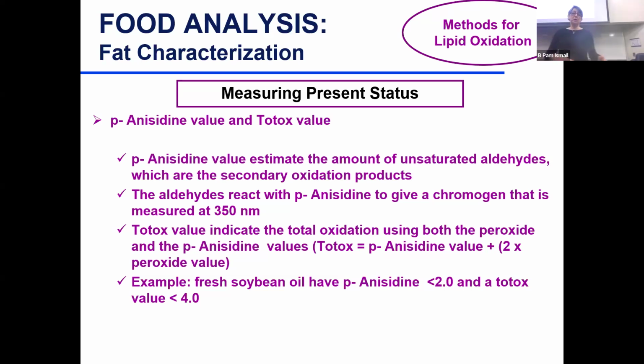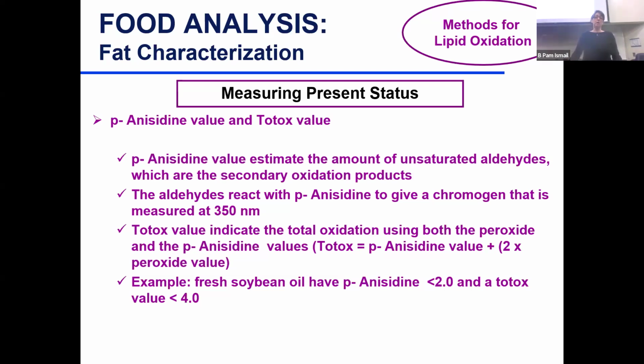And then you measure peroxide value, and the Totox will be a combination of multiplying the peroxide value by 2, plus the anisidine value. Usually there are charts that tell you for every type of oil what the value would be for fresh oil. Okay, so it is a very common value that is done to measure the current state of lipid oxidation.